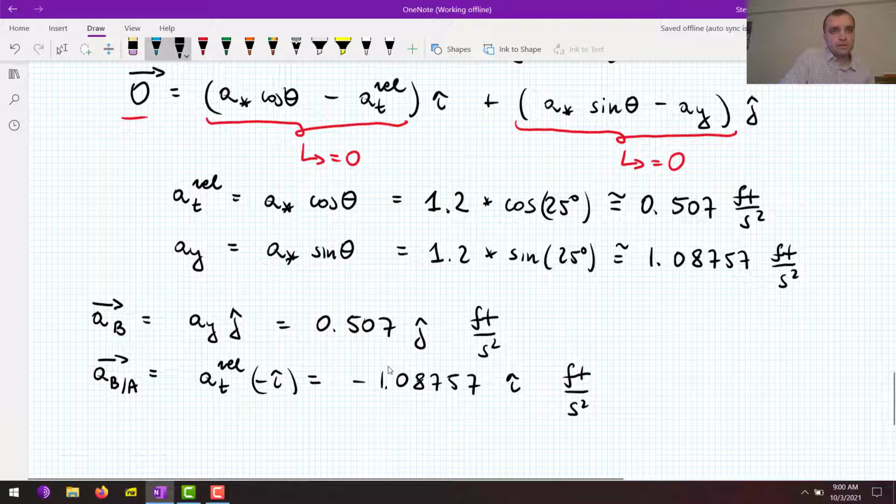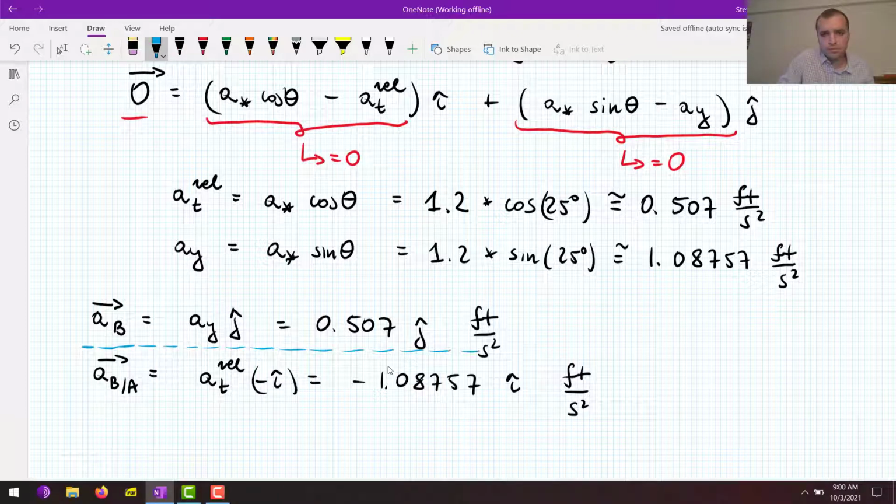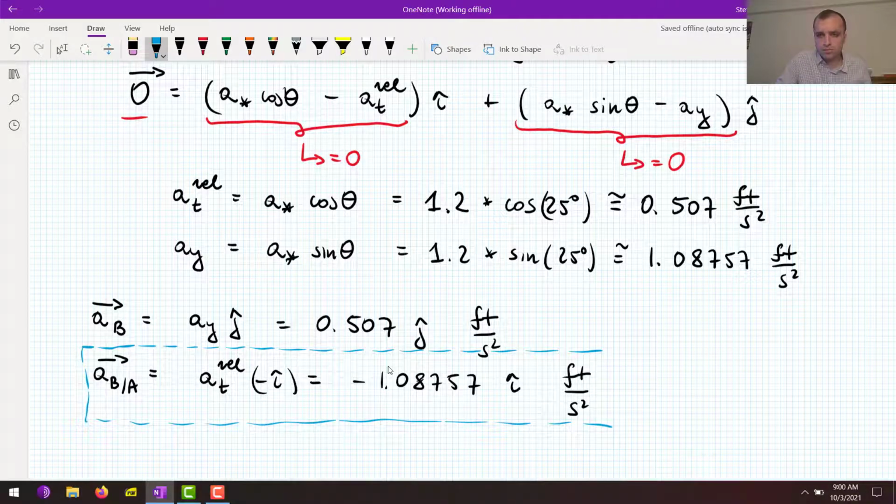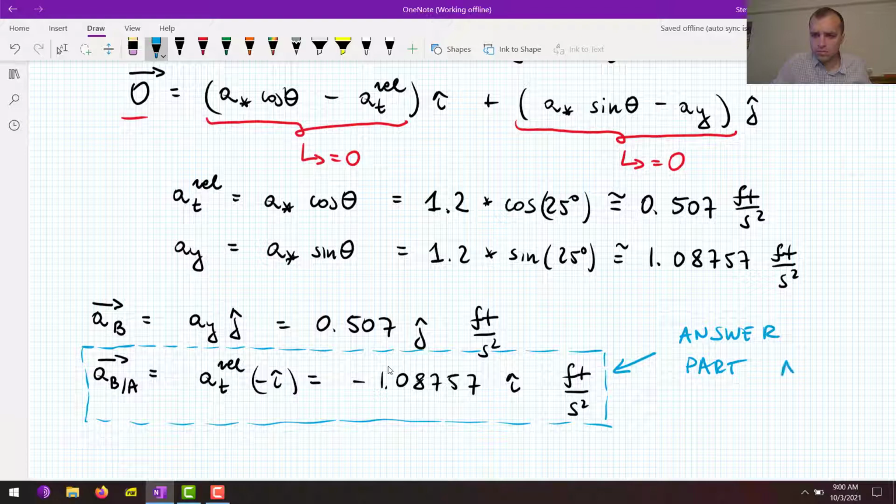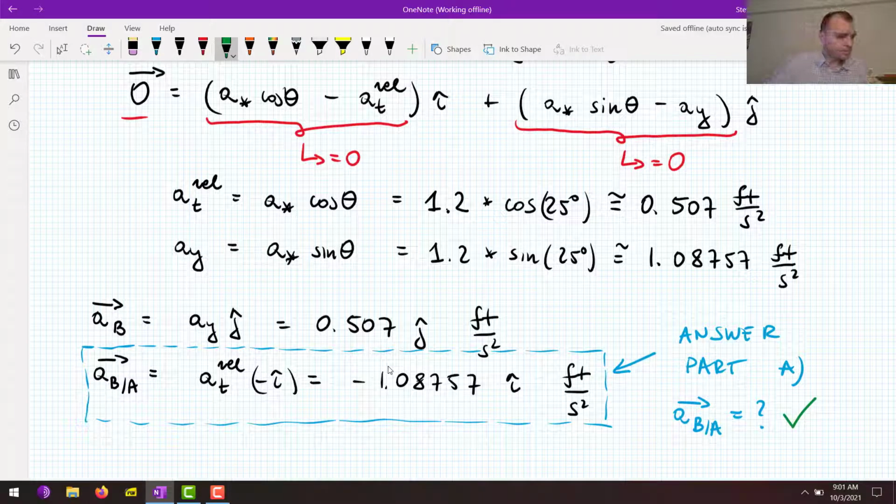And this is the answer to part A. They ask us to find ABA. Please look at the problem statement. Yep, we found it, so I can put this green mark in here.